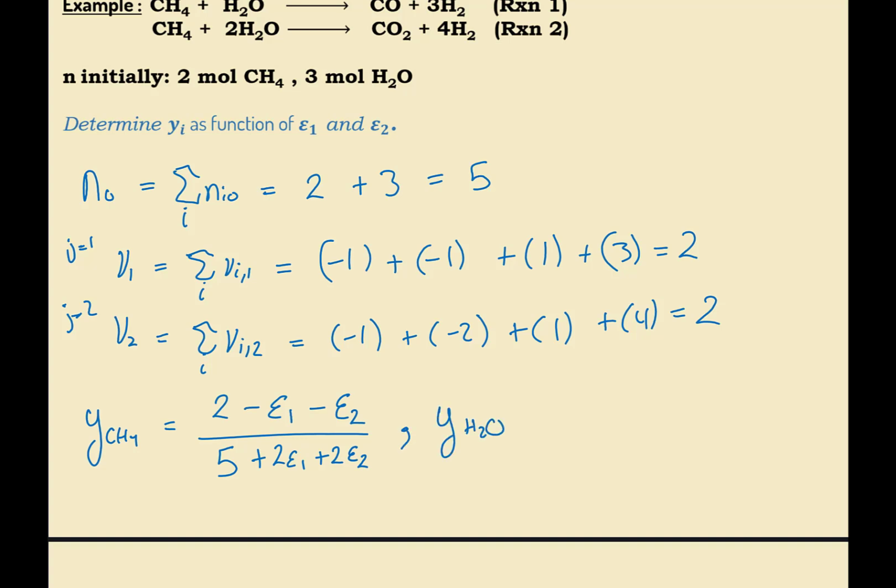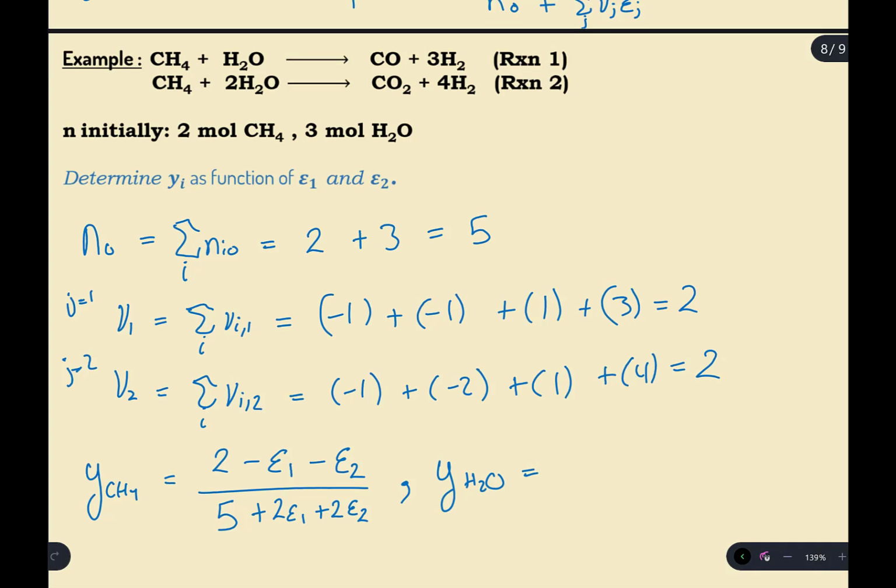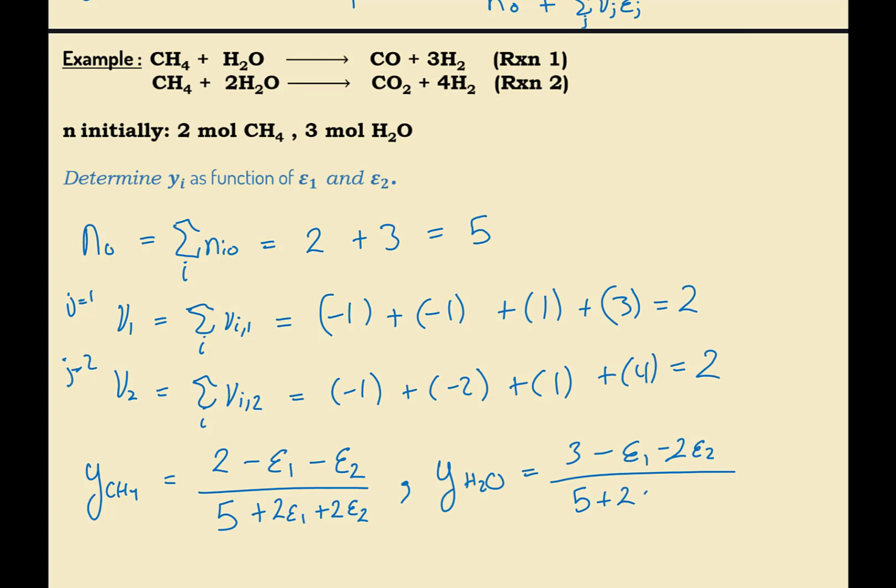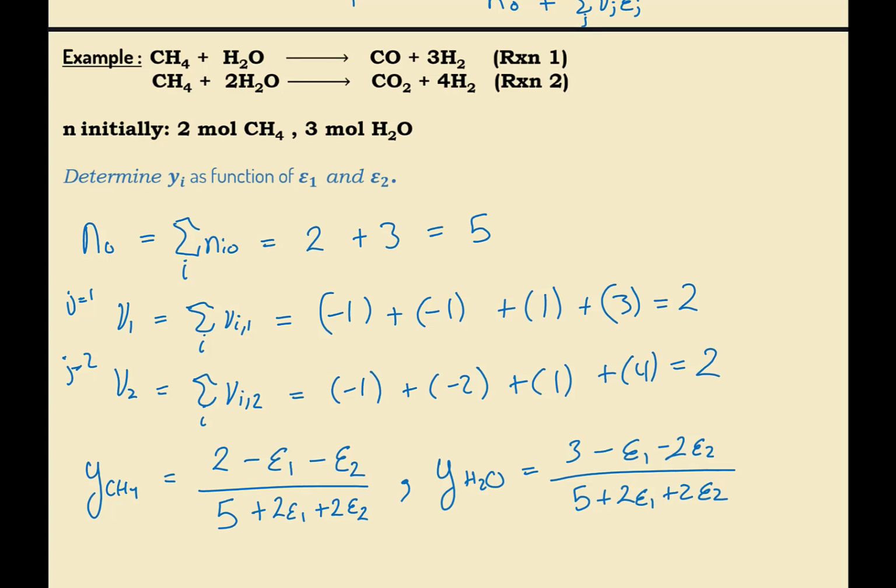Then YH2O is going to equal what in this case? 3 minus epsilon 1 minus 2 epsilon 2, over 5 plus 2 epsilon 1 plus 2 epsilon 2. Alright?